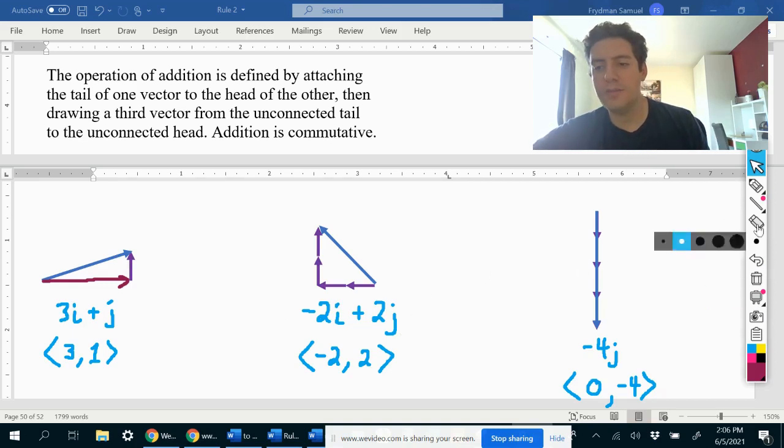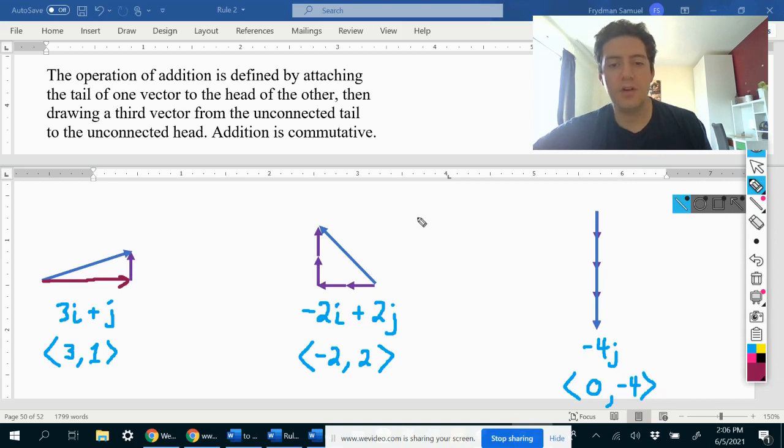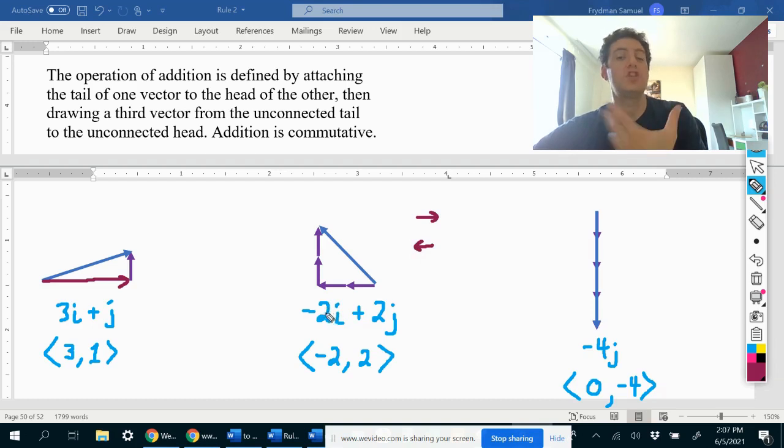Okay, and the same thing can be said for all of these over here. Negative 2i means we take our I vector, and then since it's negative, we would make it go in the opposite direction. And then since we're multiplying by negative 2, we would make it twice as long. I'll just draw it over here now. Okay, so that would be our vector negative 2i.